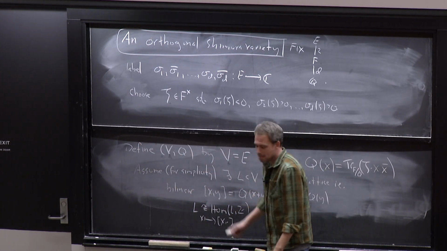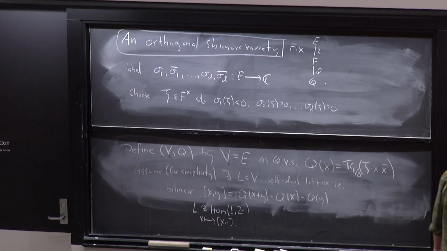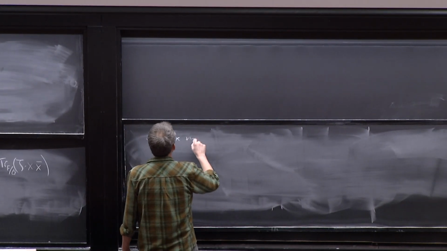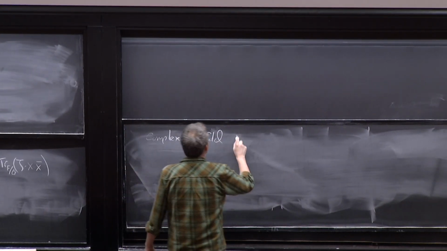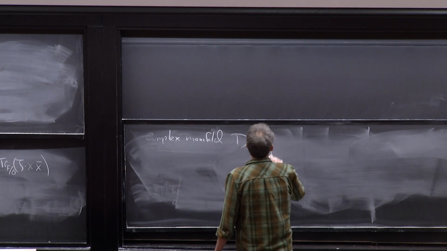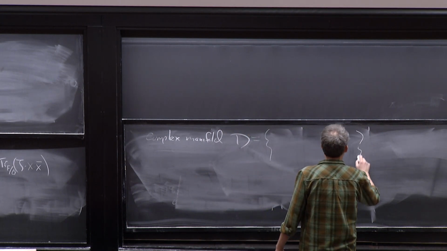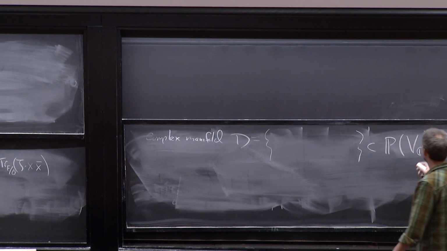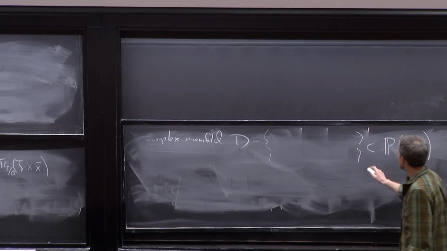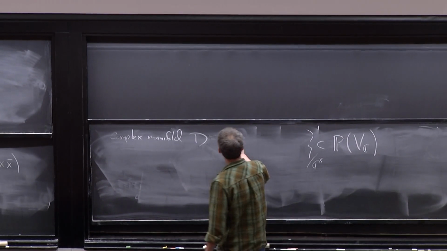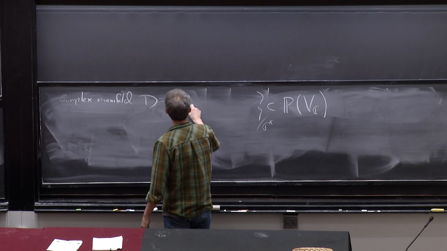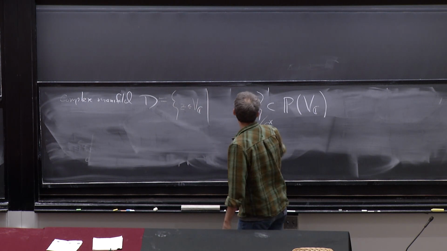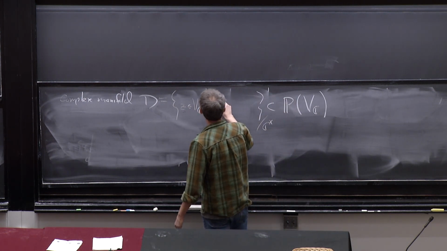From this quadratic space, I can construct a complex manifold, a Hermitian domain, that I'm going to call D. D is going to live inside of projective space over the complexification of V. So it's going to be some set of vectors. All of the vectors are assumed to be isotropic.